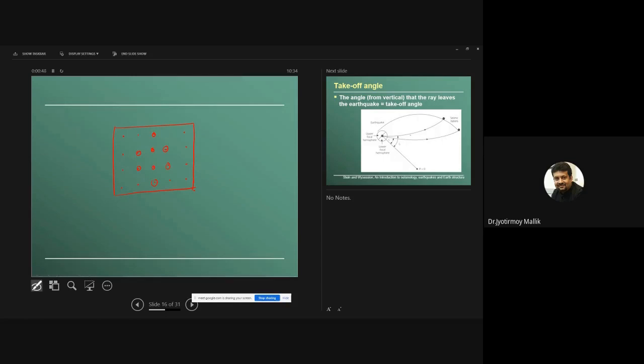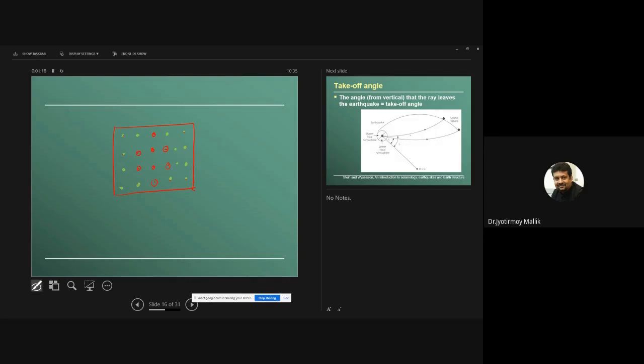And these are my compressional stuff. Okay. Now, can I divide them with straight lines? Perhaps not. We cannot divide them with straight lines.